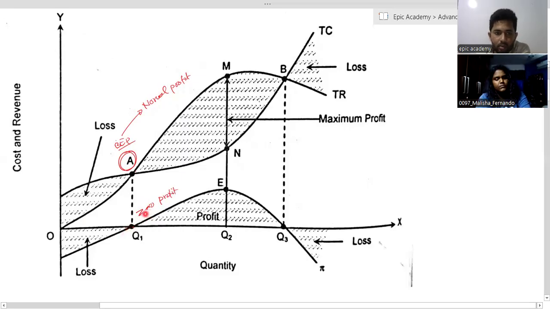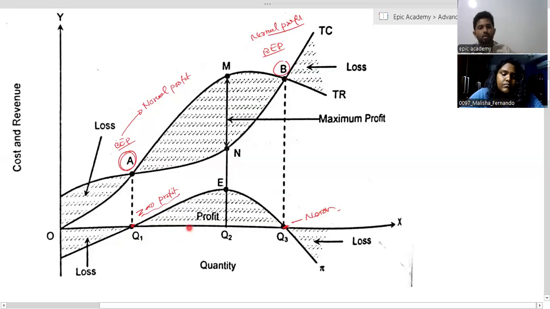Yes, profit is 0. So just consider this B point. It is also a break-even point, isn't it? Yes. At that point, you are getting normal profit. Look at the profit curve. It becomes 0.